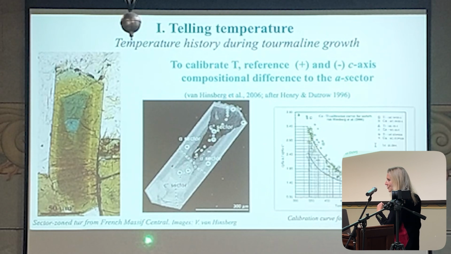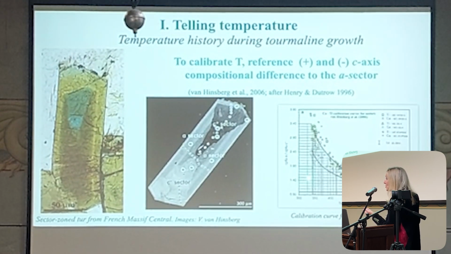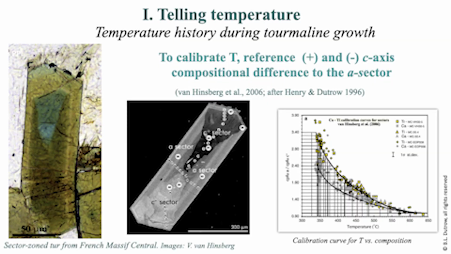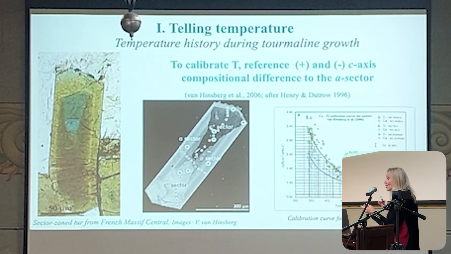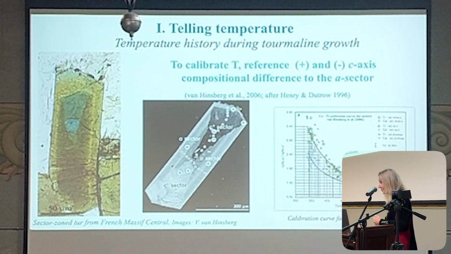Here's another picture of a tourmaline, and this is just a composition versus temperature plot. At the very low temperatures, there's a large difference between the two ends of the tourmaline crystal. And as it continues to heat, when it reaches about 600 degrees, there's no longer any compositional difference. So we can measure the two ends of the crystal and determine the temperature.